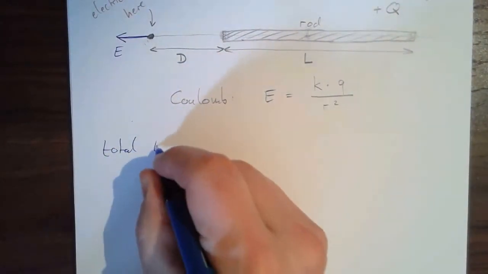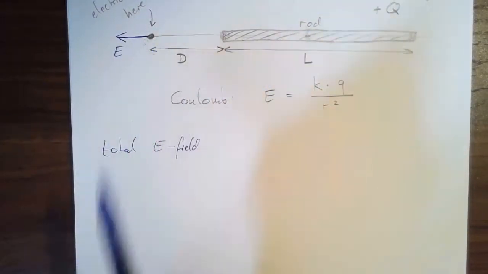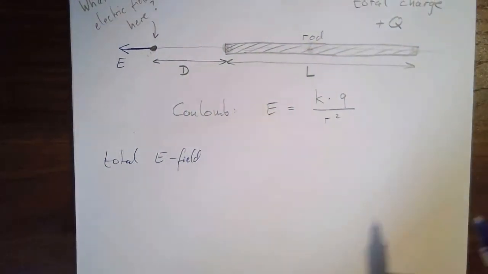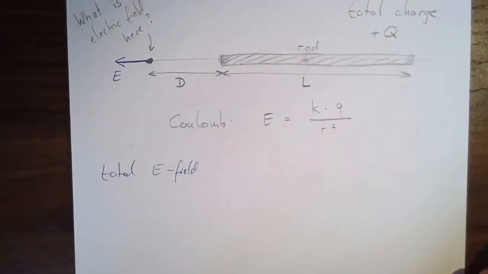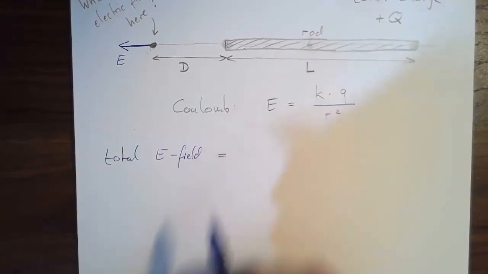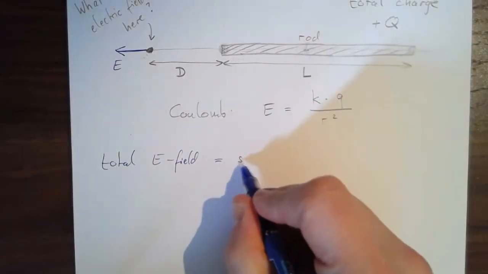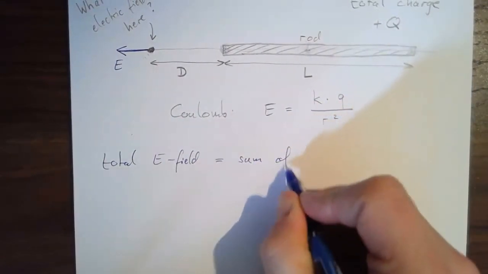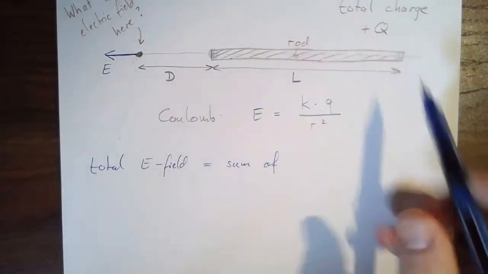Total E field, and I'm always going to mean at this point. Total E field. It's all in the same direction, right? So at least I don't have to worry about components in this particular example. That is just the sum of the electric field due to each little piece of the rod.